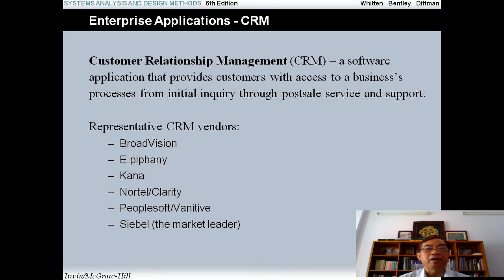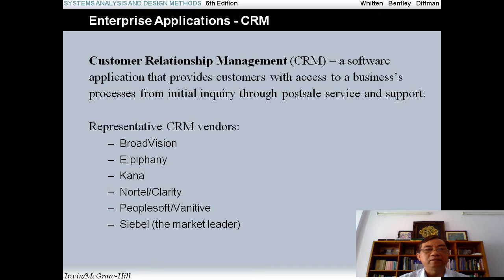Now I go to enterprise application EAI. EAI stands for Enterprise Application Integration, the process and technology used to link applications to support the flow of data and information between the applications. Middleware is software usually used to translate and route data between different applications.